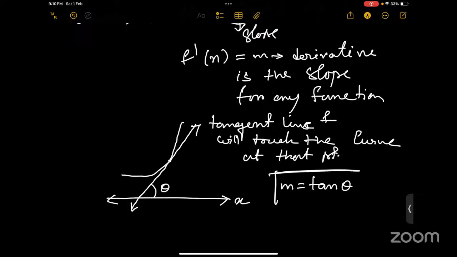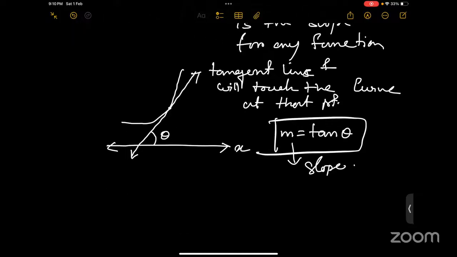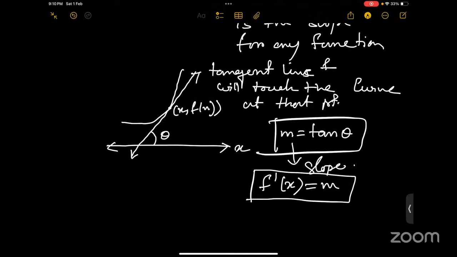This is our slope. Okay. And the value of slope is nothing but f dash x, if the point is x comma y. Okay. This is nothing but equal to m.